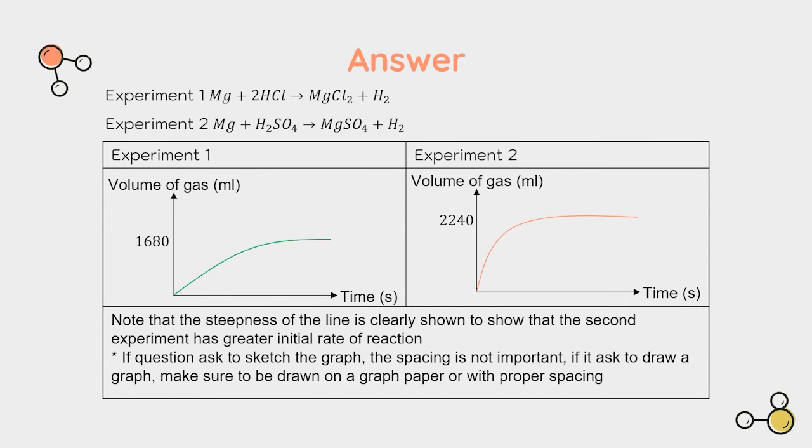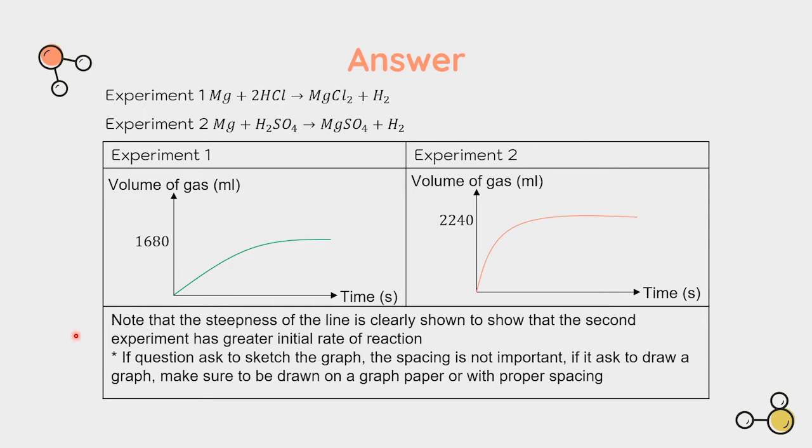Here are the graphs for experiment 1 and experiment 2, where we can see that the volume of gas we calculated was 1.68 liters for experiment 1 and 2.24 liters for experiment 2. And since the graph is in milliliters, we multiplied them by 1000 and we get 1680 ml and 2240 ml.